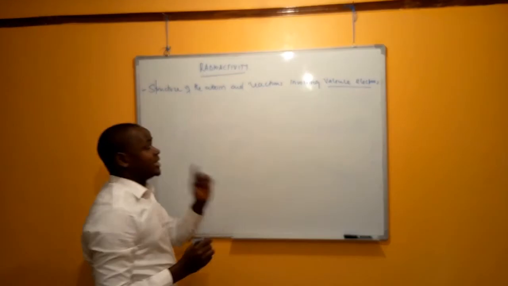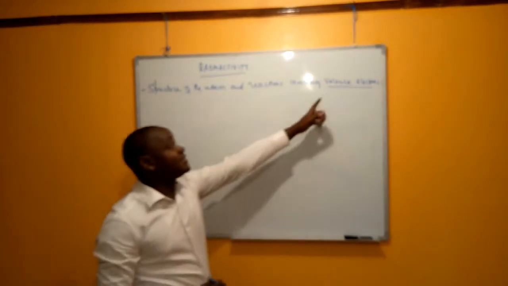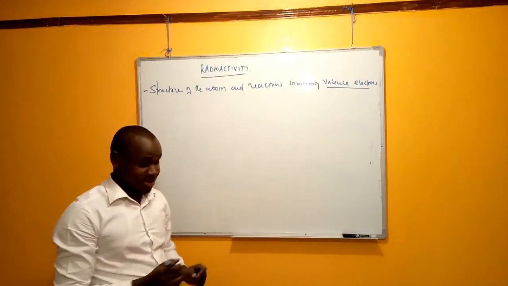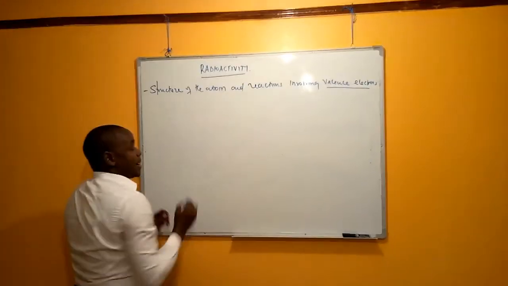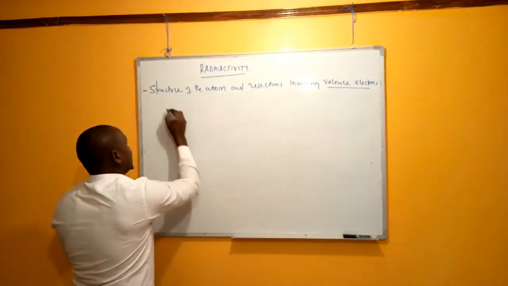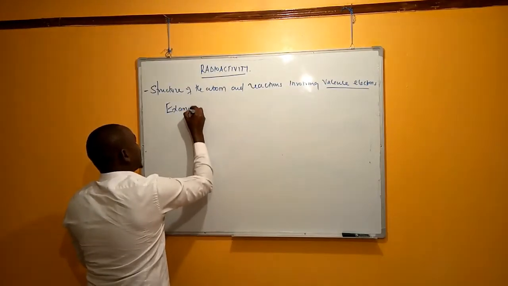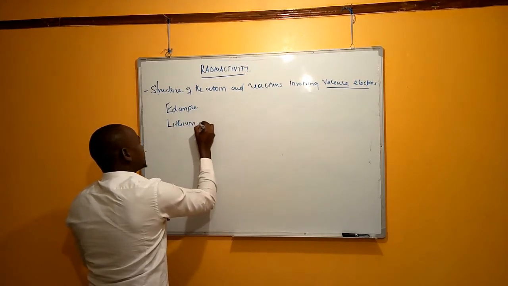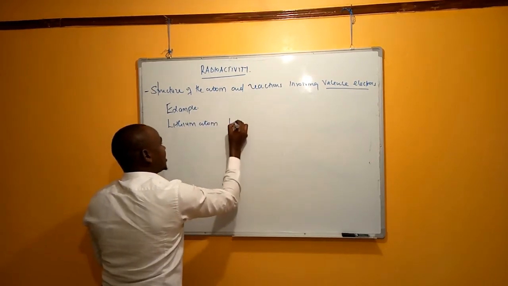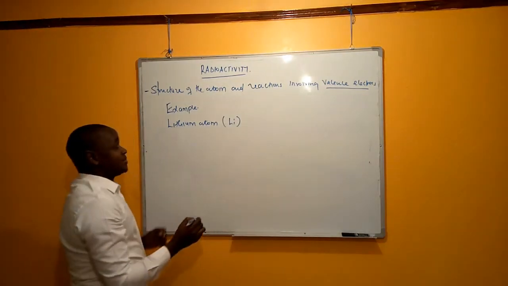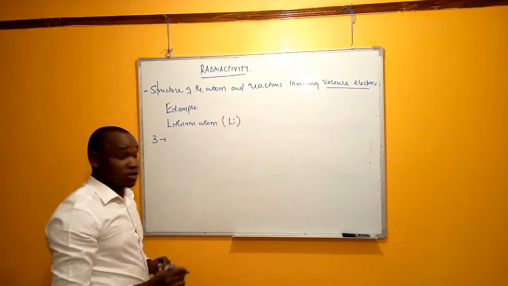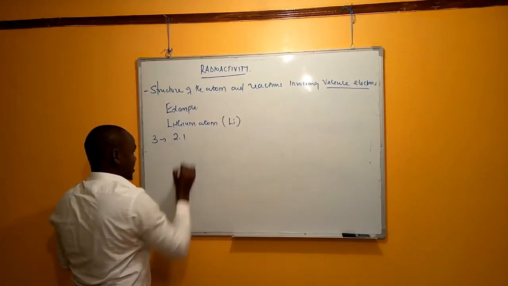Now, the key words here that I've underlined are valence electrons. I would like us to go back and remind ourselves, what are valence electrons? Let me use an example of an atom, the lithium atom. Lithium has atomic number 3 and its electronic configuration is 2,1.